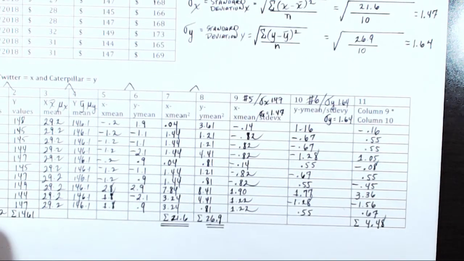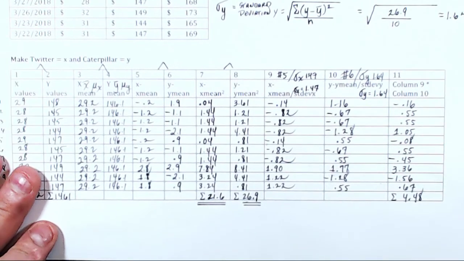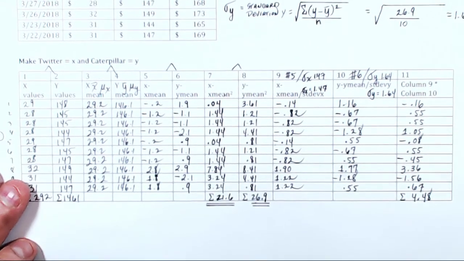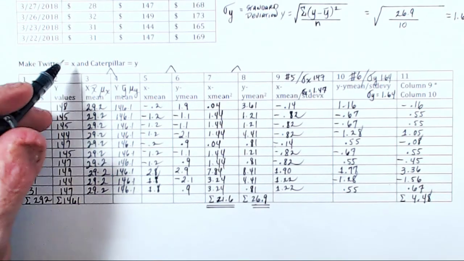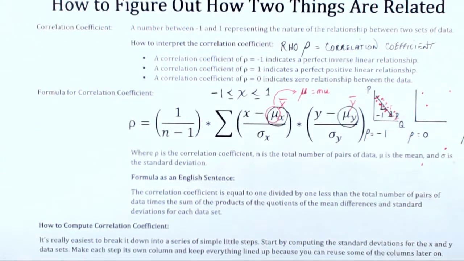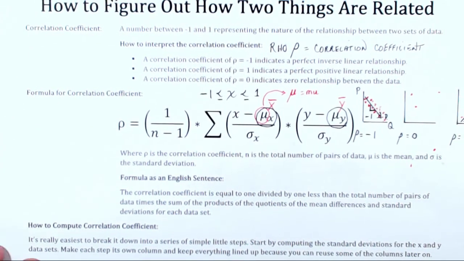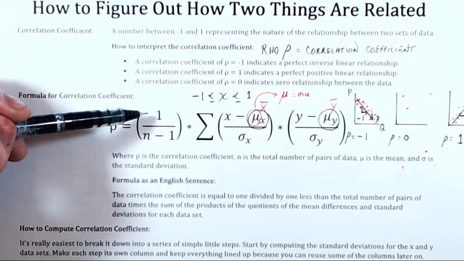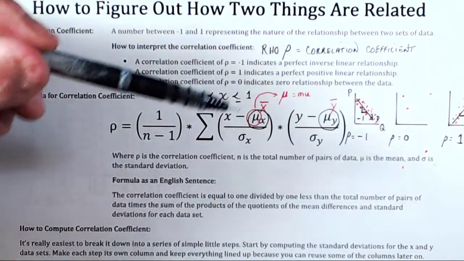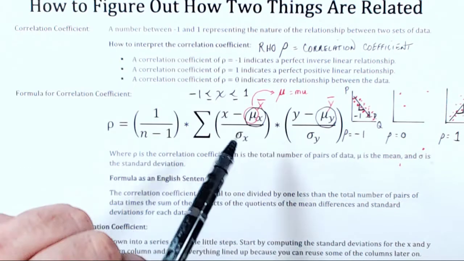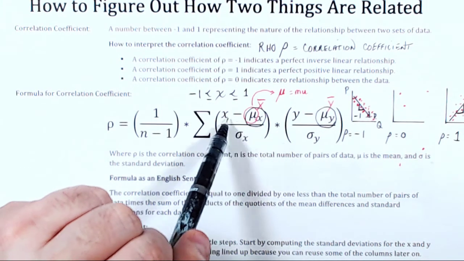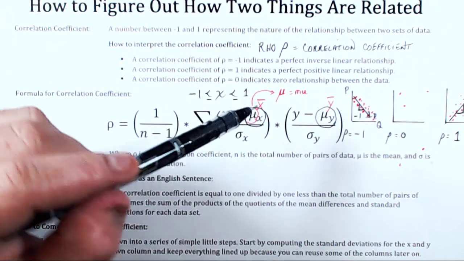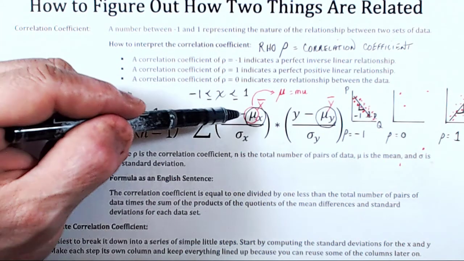Okay, well, what have I got? Can I now compute the correlation coefficient for Caterpillar and Twitter? Let's take a look at my graph. I know n is 10, so I've got that. Did I calculate these values?